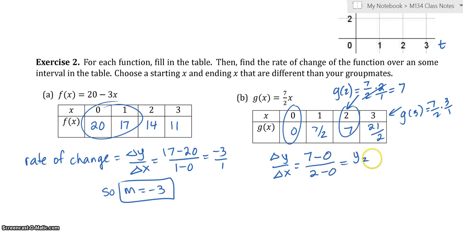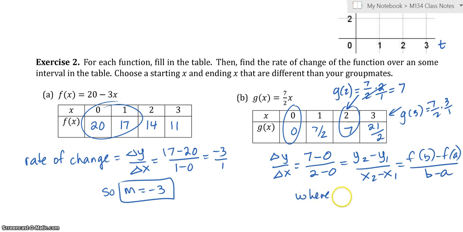Sometimes we'll denote this as y2 minus y1. I did that very first day in section 1.4, right? Because this is like the f of b minus the f of a, the y2 minus y1, all over b minus a, where x2 equals the b and x1 equals the a.